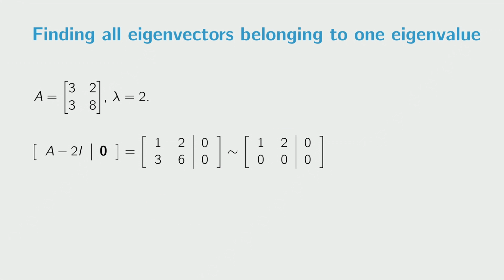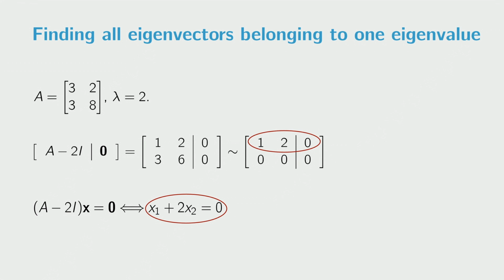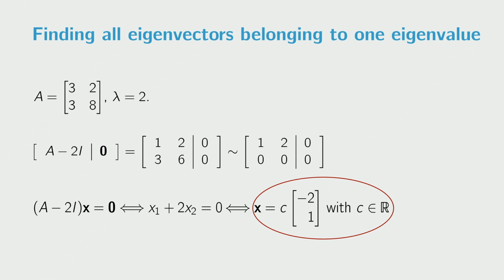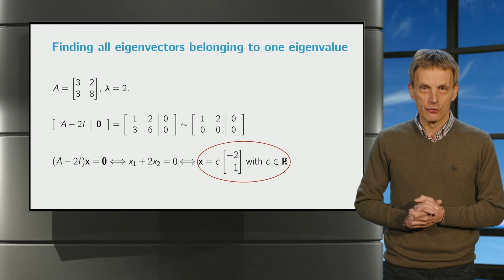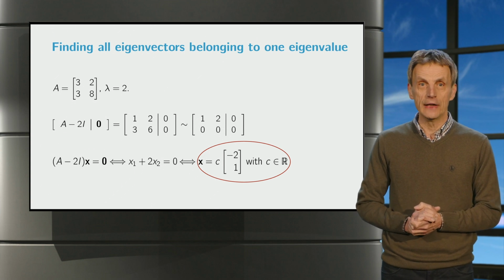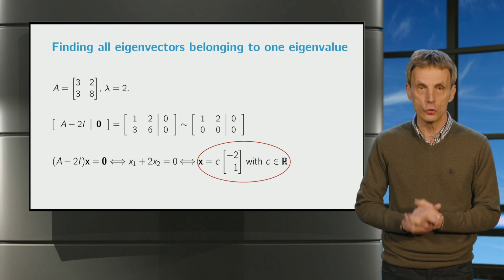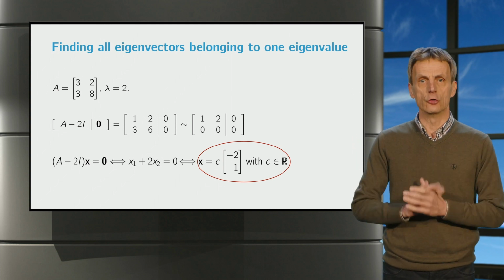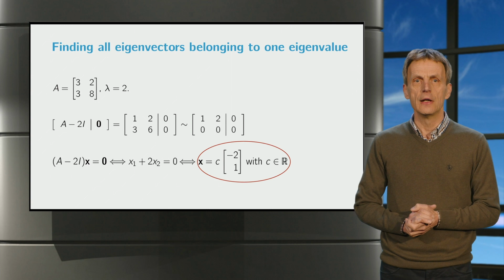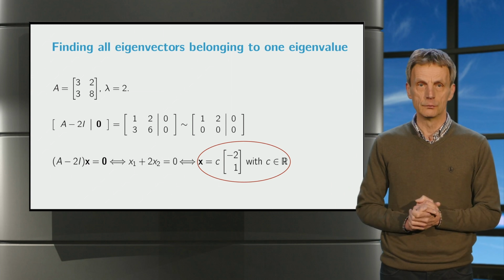Hence the system is reduced to the single equation x1 plus 2 times x2 is equal to 0. The solution set is the line through the origin in R2 consisting of all multiples of the vector (-2, 1). All non-zero vectors in this set are eigenvectors of A corresponding to the eigenvalue 2. The complete solution set, which includes the zero vector, is a linear subspace of R2.